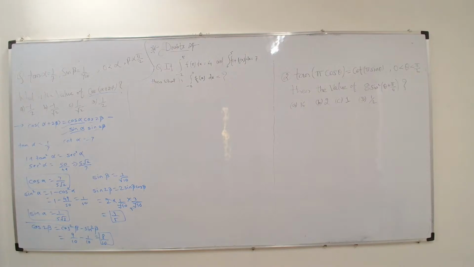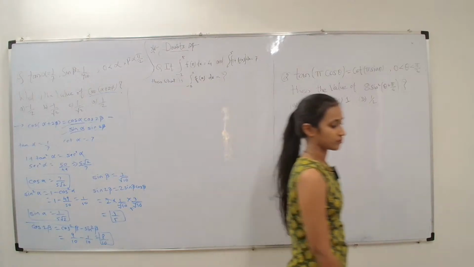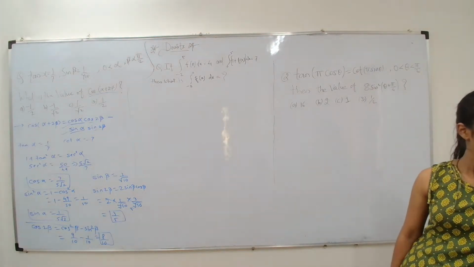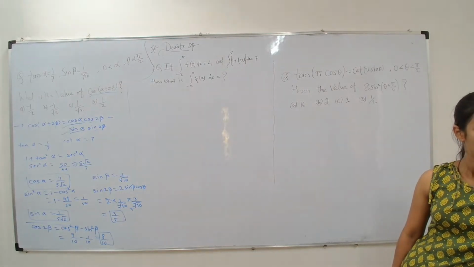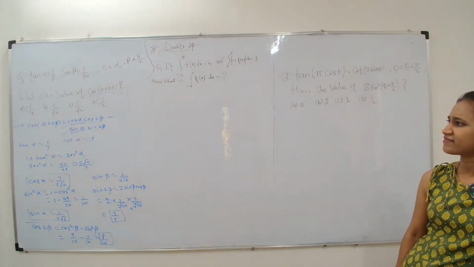Sin alpha is, I'm sorry, sin alpha is this 1 by 5 root 2. That's the answer.